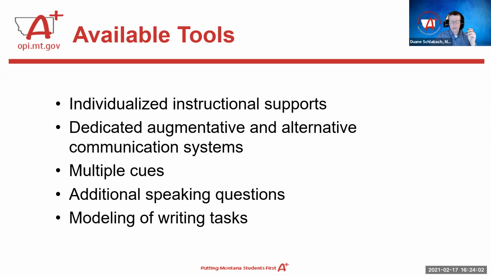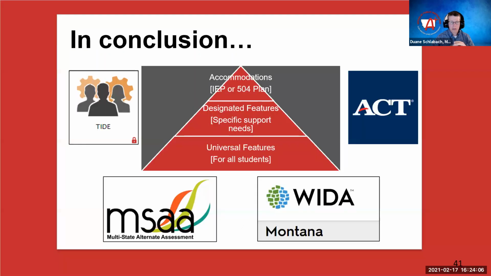Thank you, Jacob. What I'm going to do is just give you a quick broad overview, and then we're going to go to questions. So as a recap, let's take a quick look at what we've addressed in this webinar. We looked at the 3-tiered approach as being a central component of accessibility and accommodations to meet all student needs. We looked at 4 different portals that house the 6 required statewide assessments.